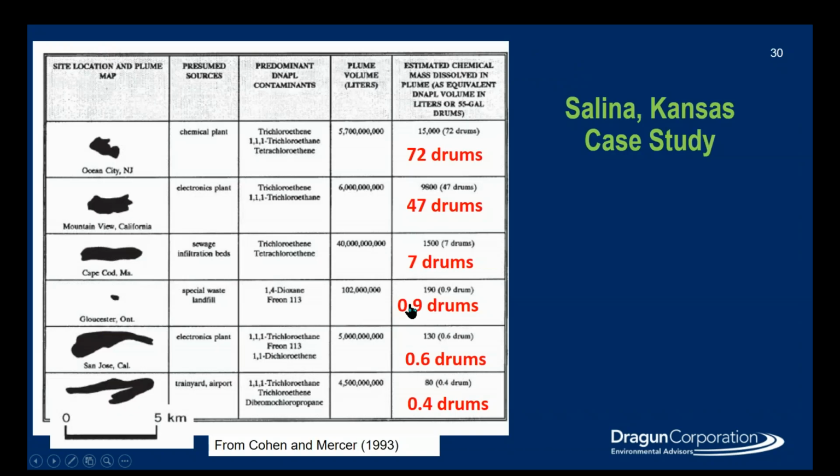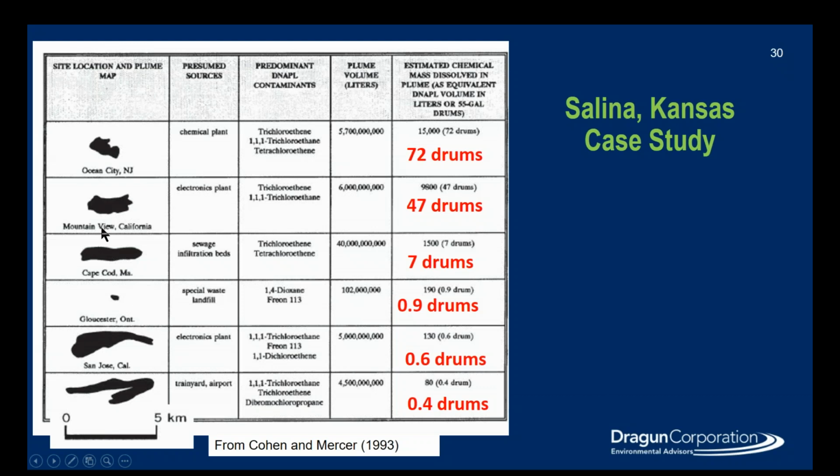So here's a slide I like showing to show how much TCE they used at Salina compared to large plumes that we know in the literature. This is from Cohen and Mercer in 1993. The entire plume that we see here from a chemical plant in New Jersey used 72 drums of chemical.